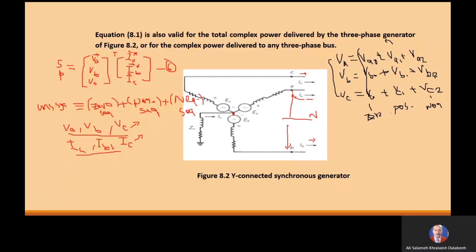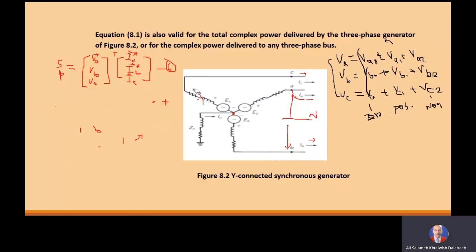Now, to rewrite these equations in an easier form, we use the operator A. Okay, the operator A. It is an important operator in a three-phase system.